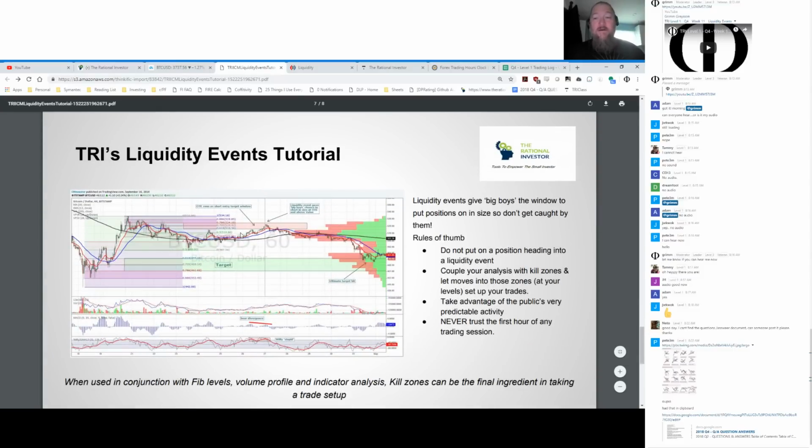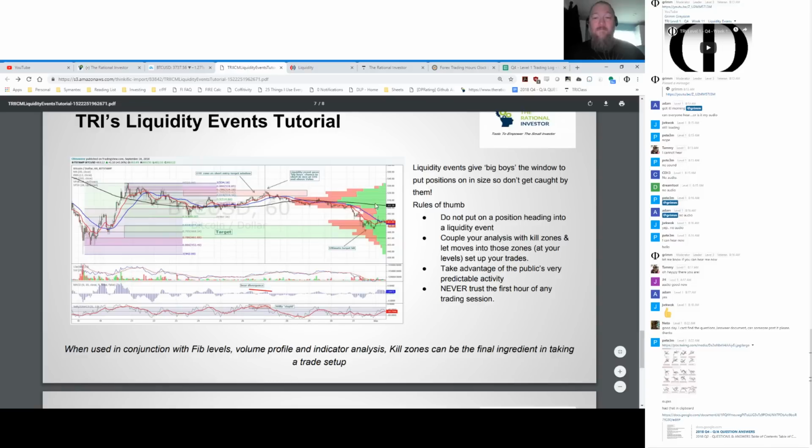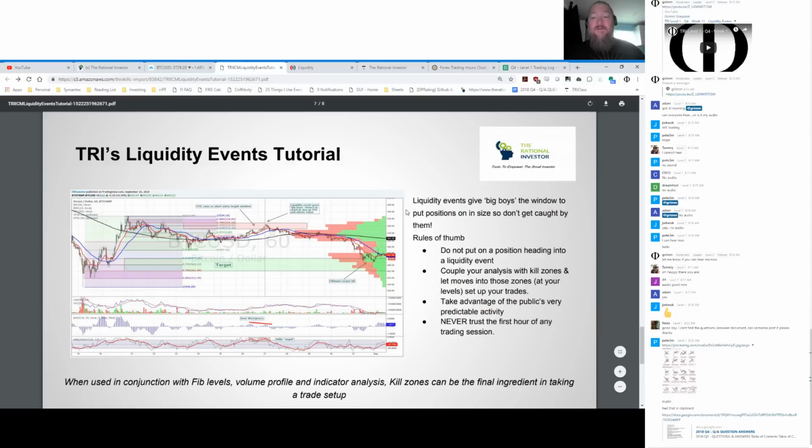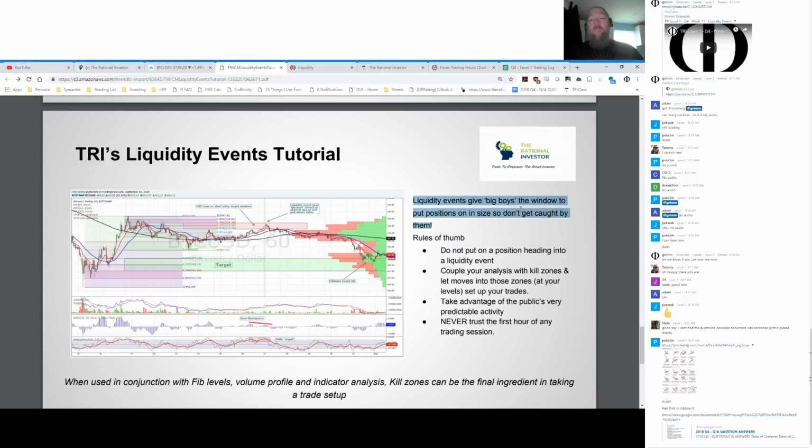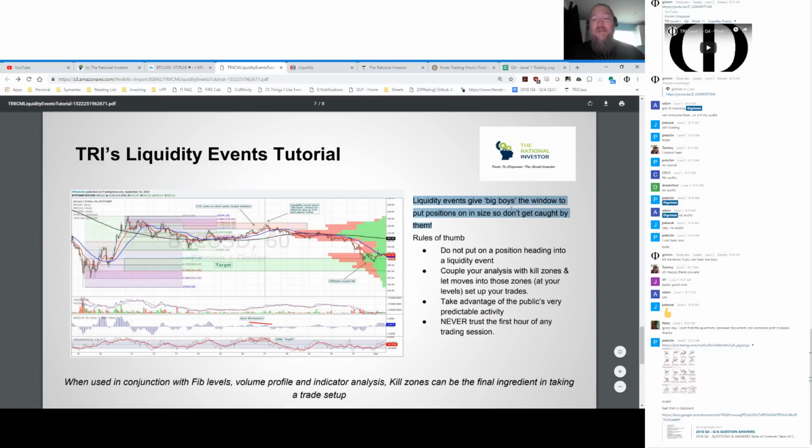So, to summarize, liquidity events give the big boys the window to put positions on in size, so they don't get caught by them. This is when the big ships are turning. Don't put on a position heading into a liquidity event. Couple your analysis with kill zones and let moves into those zones set up your trades.